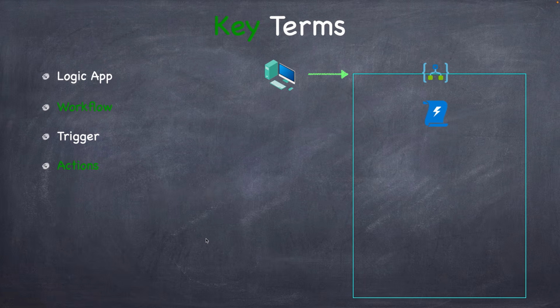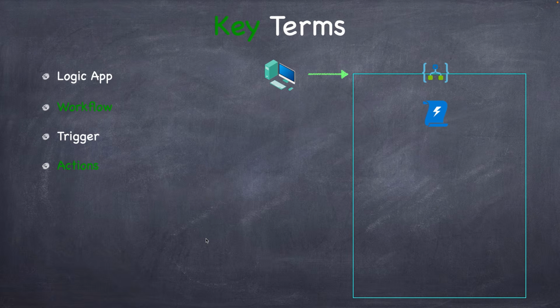Next, you have the actions. Actions follow the triggers. Actions are basically the different processes or steps which you define within your Logic App workflow, which define the business process or the behavior of your Logic App. Let's take an example of the simplest workflow.